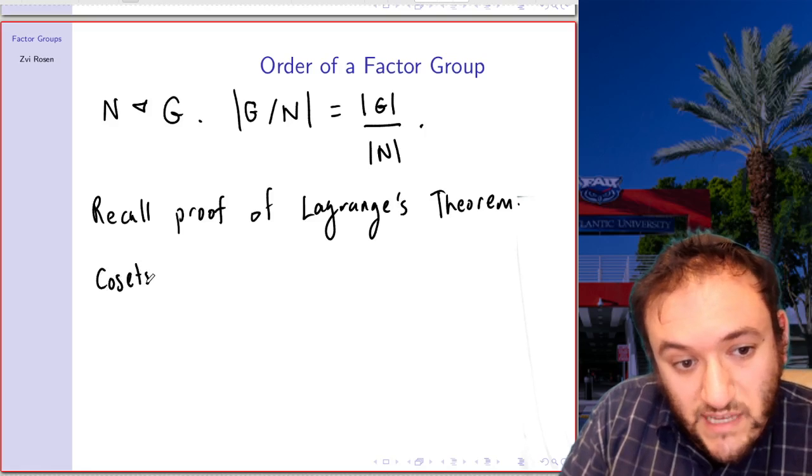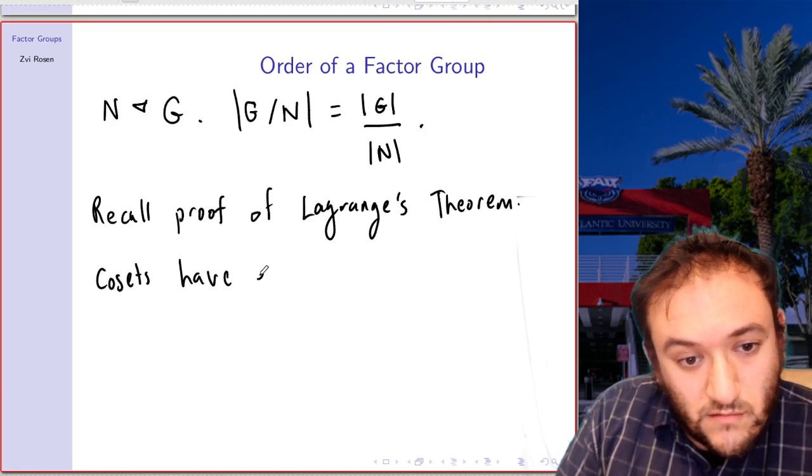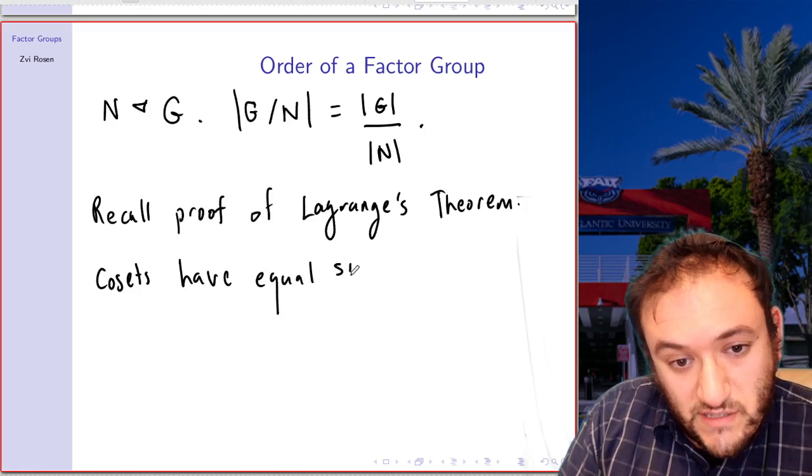Cosets have equal size, and they partition the set.